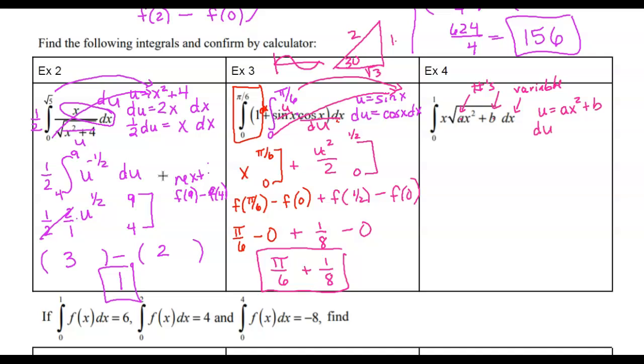So du, that's a power rule. I would still bring that down and multiply. So 2a x to the first, and then the derivative of a constant is 0, so dx. Now, 2a is a number, and they're being multiplied, so we can divide. So we get 1 over 2a is equal to x times dx.